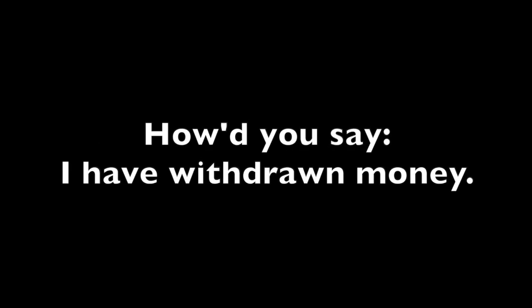How would you say in the past, I've withdrawn? Ich habe abgehoben. You see, since it is a separable verb, the GE for the participle slips in between. Abgehoben. And it's an irregular verb. Abgehoben. Ich habe abgehoben. How would you say I've withdrawn money?